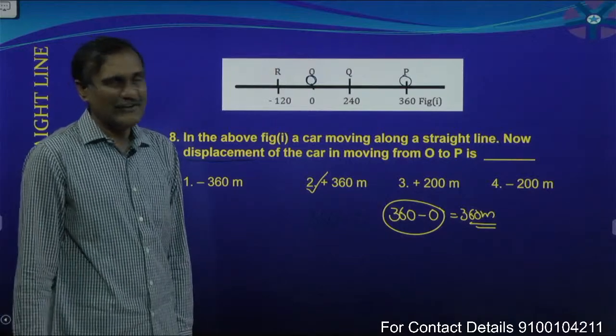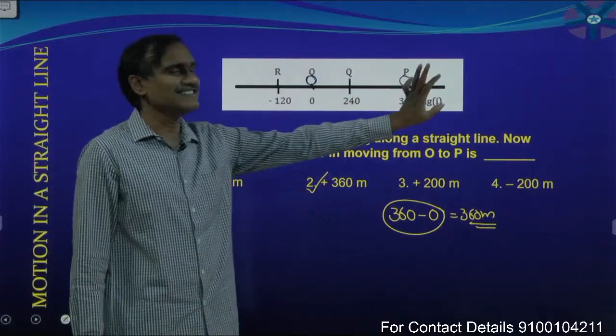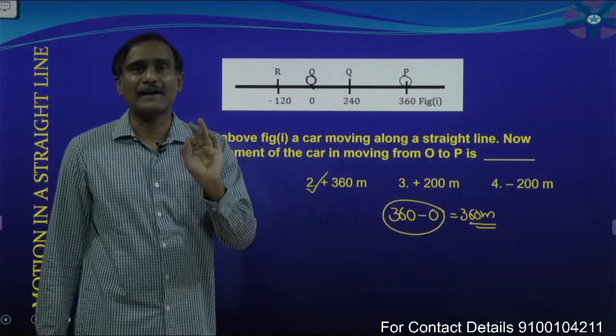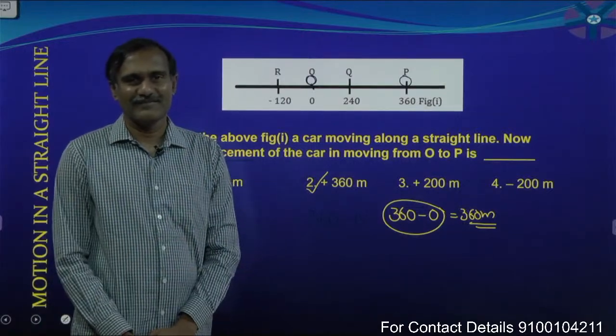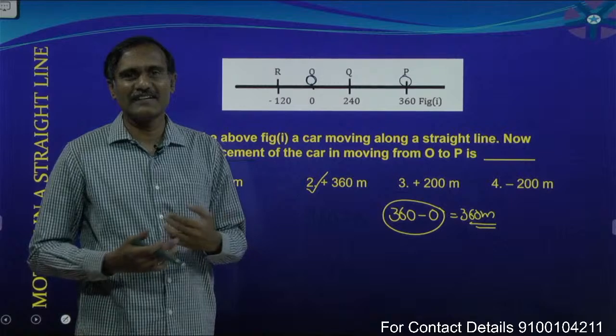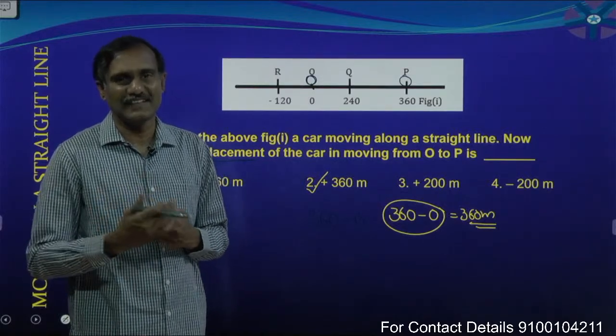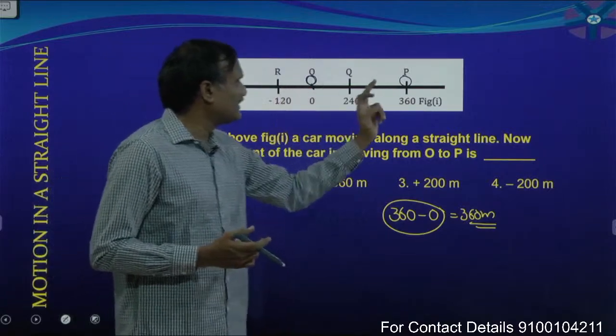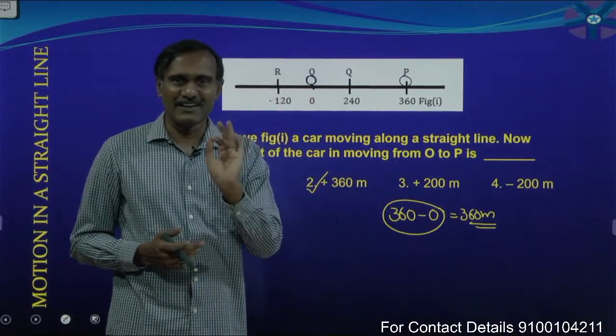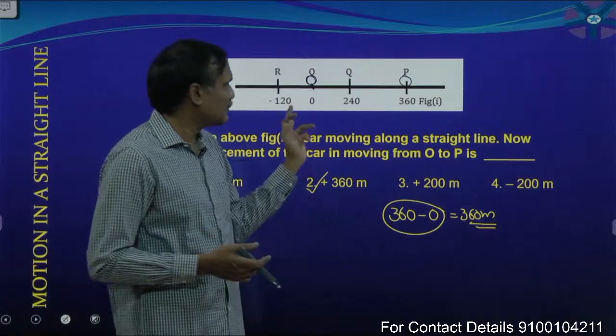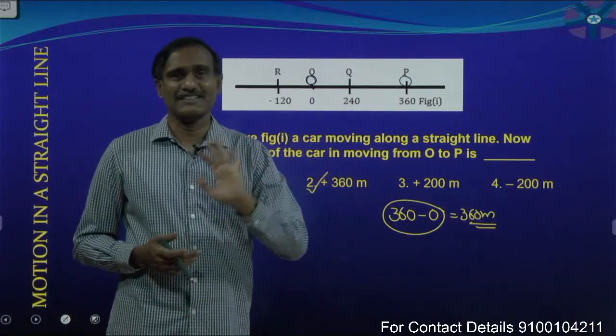Okay. For this journey, tell me the distance, nothing but path length. The actual length of the path travelled by the particle is called distance or path length. Therefore, for this journey, path length or displacement is equal to how much? 360 meters.